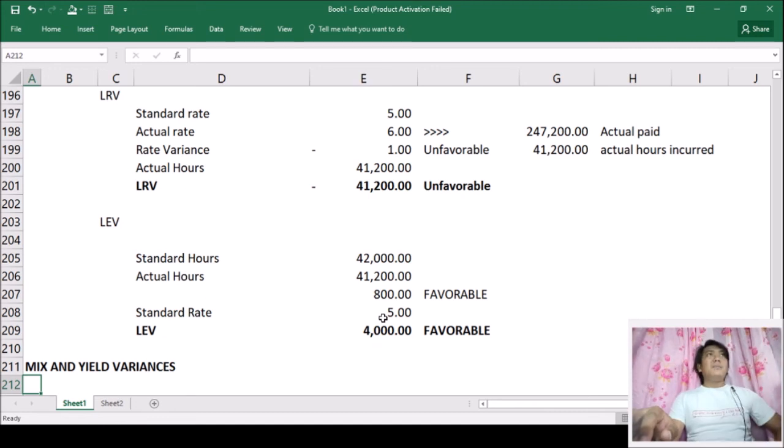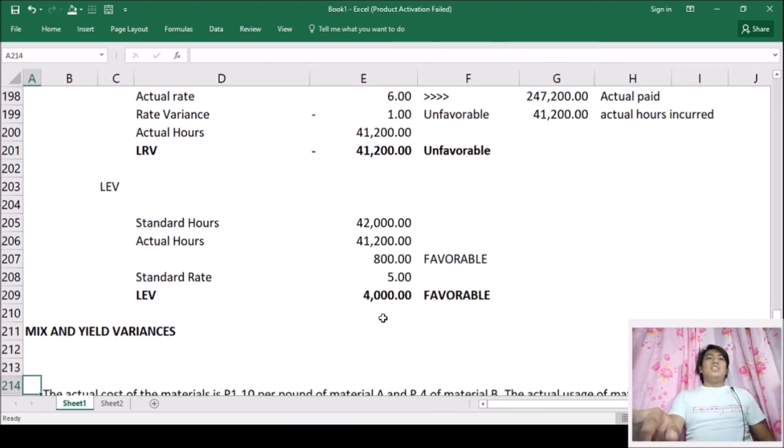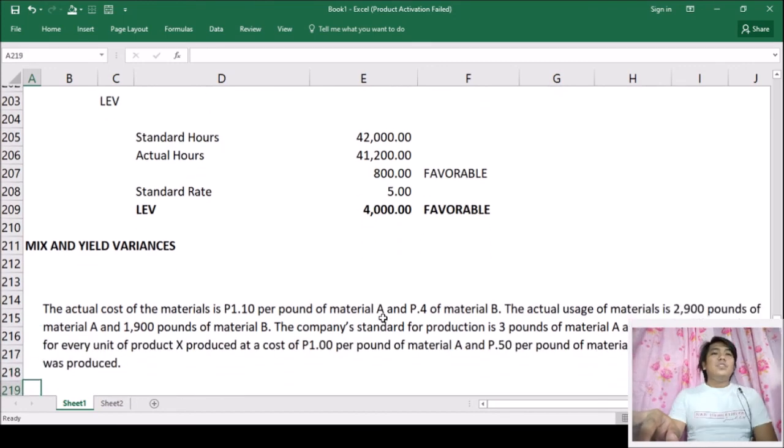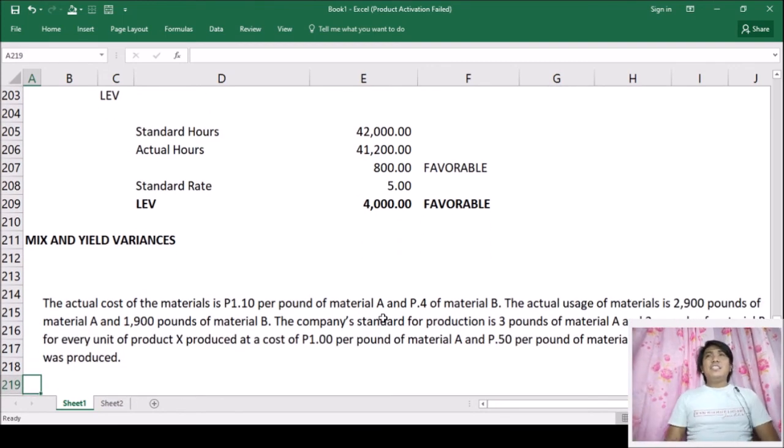Ibig sabihin ng labor categories, meron masa, iba lang yung naghalo, iba lang yung nag-assemble. That's a different labor categories, no? Okay, so however, in my illustration as of now, I just focus on materials.